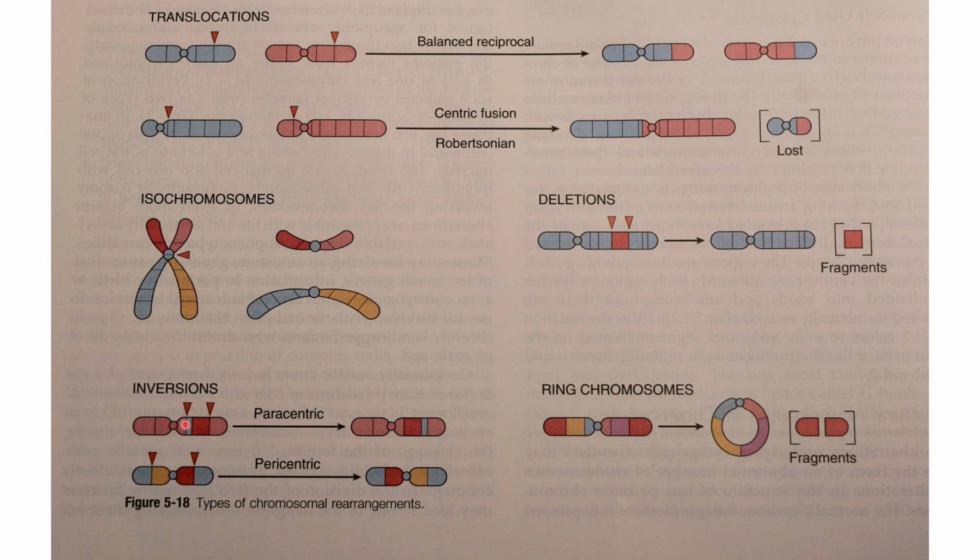There's a paracentric one involving a polar end of the chromosome, or you can have pericentric, which goes around the midpoint, and it's a mirrored translocation right here. Also, ring chromosomes can occur, and you can have loss of the end fragments in the process of annealing the intact genome.